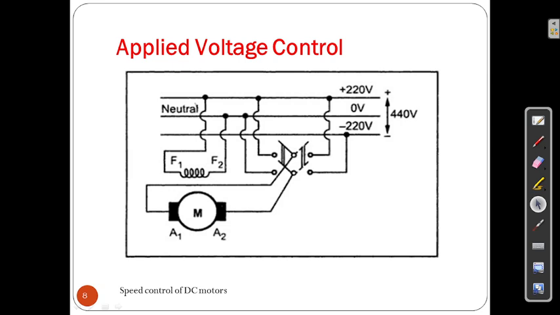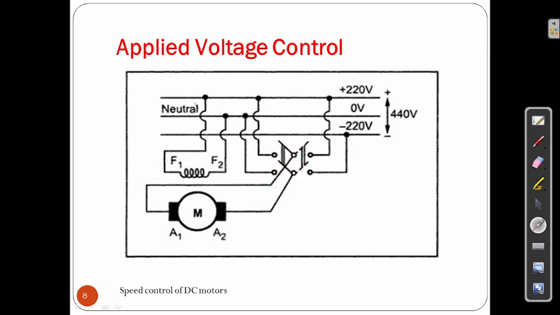Then the applied voltage control method. Here we give a three-phase supply for the field winding. Then the armature winding is connected to another supply.